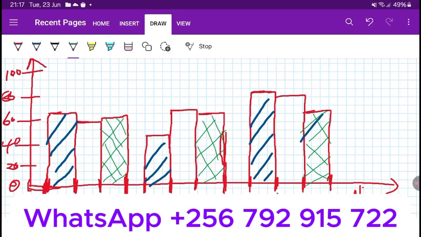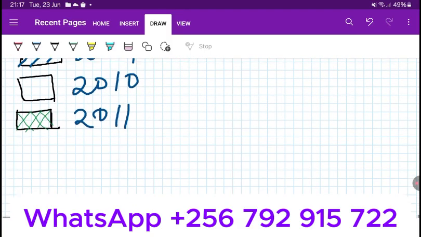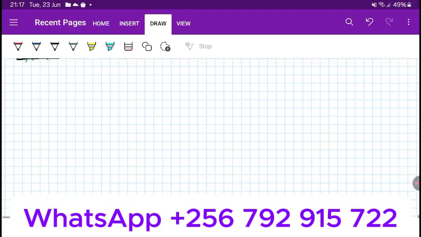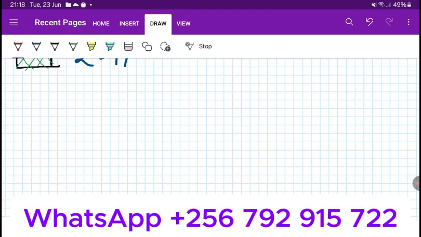Let's get maybe another example where we have the information. I might not draw it, but I'm going to explain what is going to happen. So that is the information. Let's get to example 2.